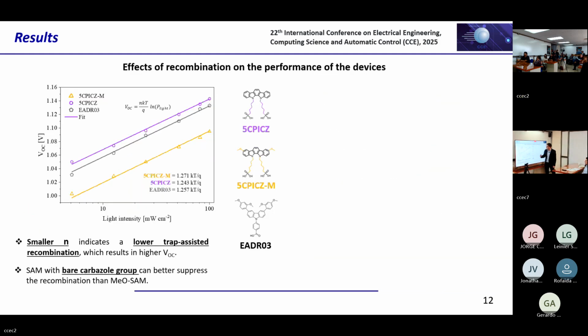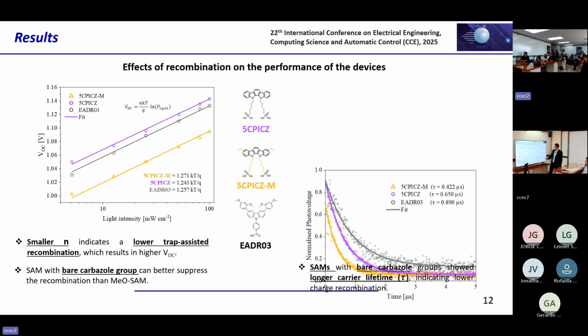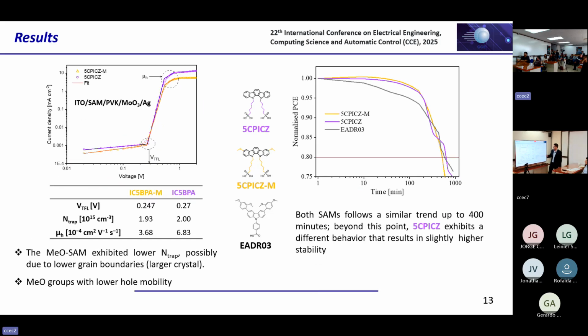Here I didn't show you, but I remember we measured also the hole mobility for the reference, and for this SAM it is still high. The hole mobility with the reference is a little bit higher than this one, but not much. Our hypothesis is that the recombination is less than in the reference, but it's not only the recombination, it's also the extraction from the perovskite.